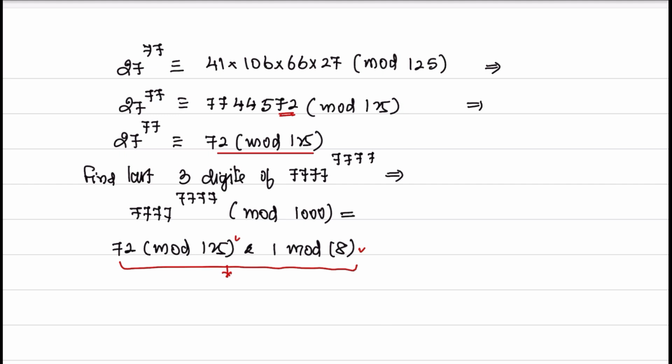Let us say 7777 to the power of 7777 mod 1000 is equivalent to x mod 1000. This x value we have to find out.